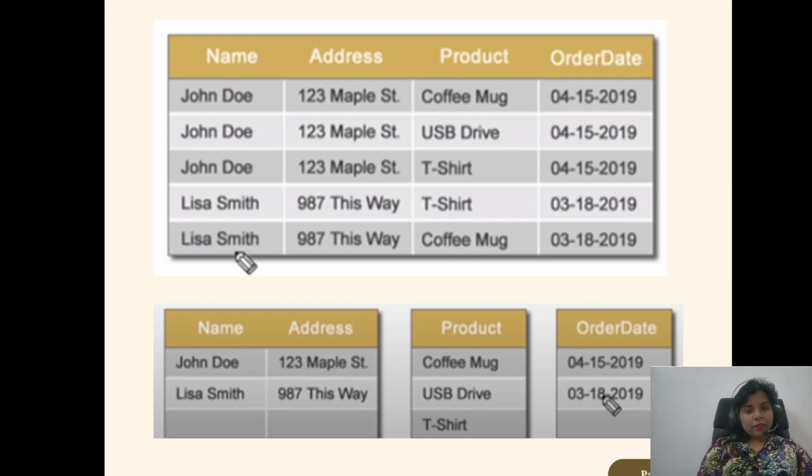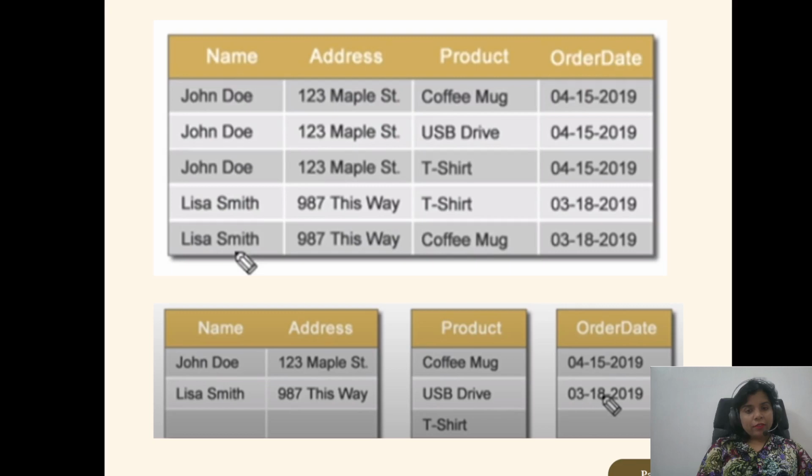You can observe here that only the attributes name and address correspond to a customer, and product is something different, and the order is something different. So in order to eliminate redundancy, we can split this table into 3: one corresponding to the customer, another pertaining to the product, and the third, the order date, which we can isolate as a separate table.